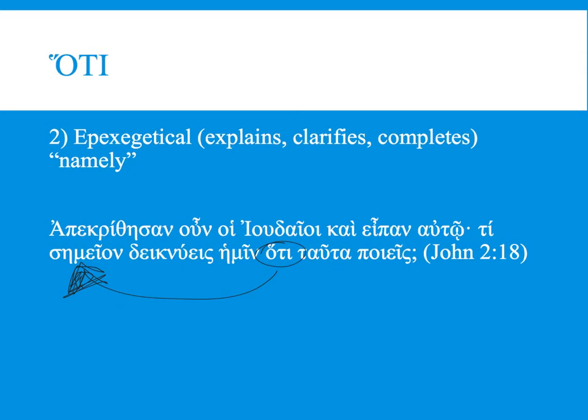And that you will do these things doesn't replace the idea of sign. It further explains what kind of sign we're talking about. It's not just any sign, but specifically a sign that is designed to show that Jesus is doing these things. That's the idea. So epexegetical will explain a noun and not replace it, where apposition will replace it.